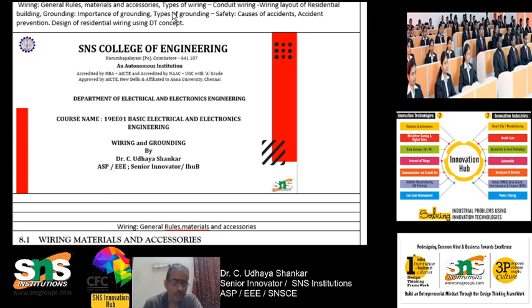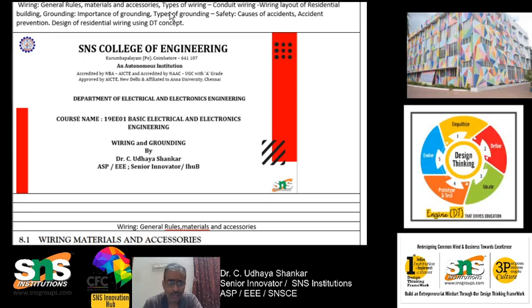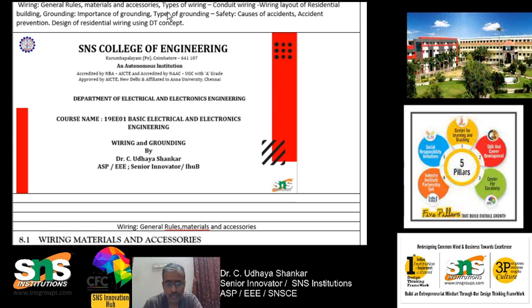Along with that, I will be handling safety, the causes of accidents and how to prevent them, and using the design thinking concept, how we can design the residential wiring. So these are all the topics which I am going to cover today.